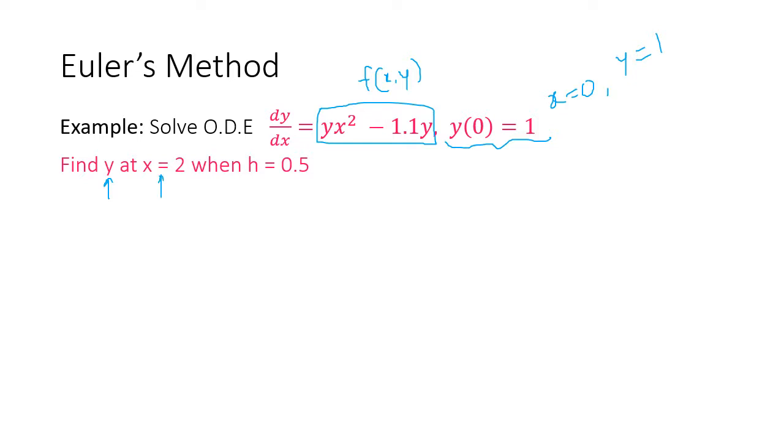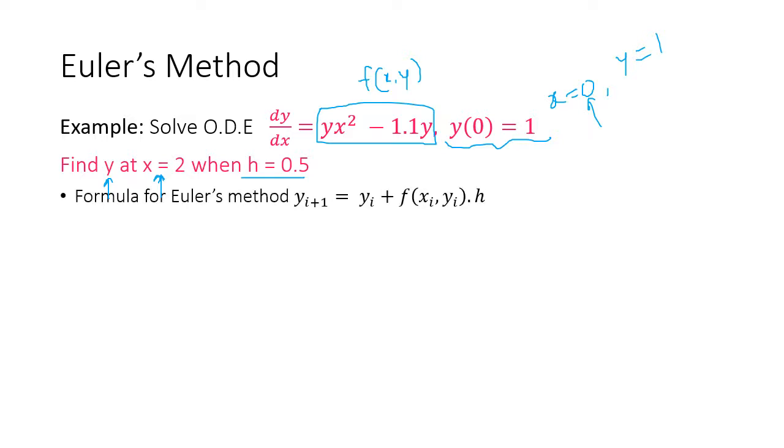So you can see that the value of y is initially known at x equals 0, and we have been asked to find the value of y when x is 2. But it's also given that we have to increase the value of x by an increment equal to the step size, which is h equals 0.5.